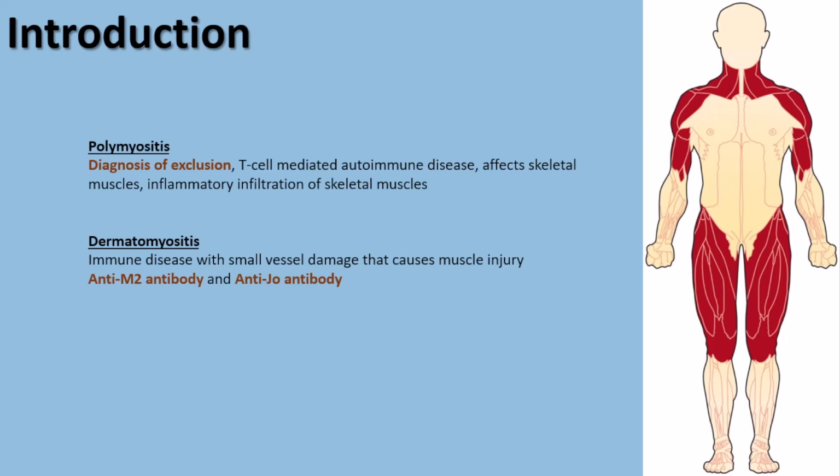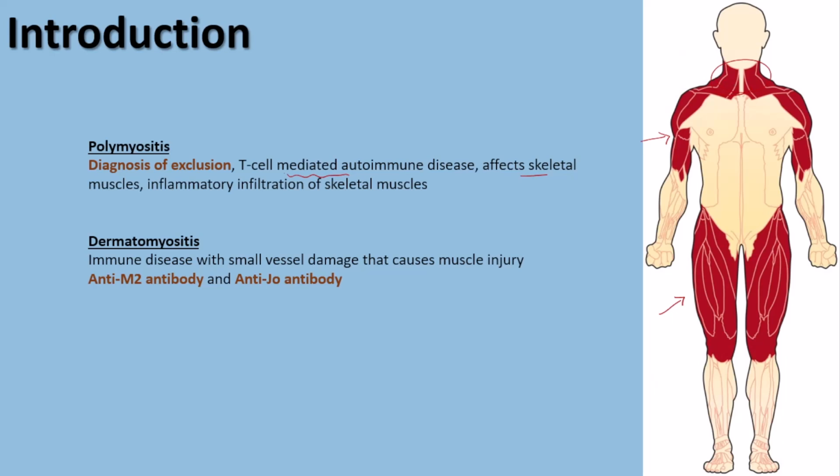First of all, note that this is a T-cell mediated autoimmune disease, and it affects skeletal muscles. The muscles being affected are proximal muscles of the lower extremity as well as the upper extremity, and we can also have involvement of muscles of the neck.